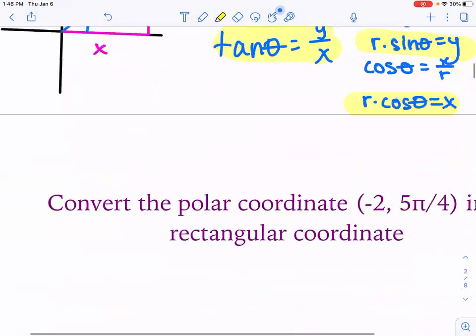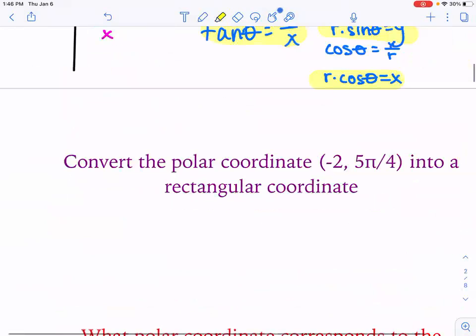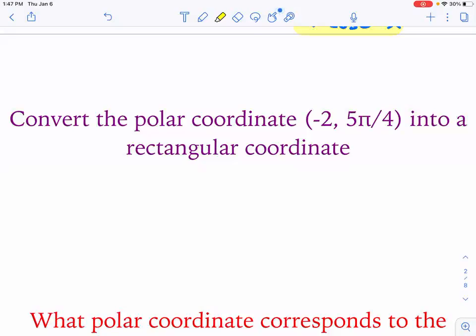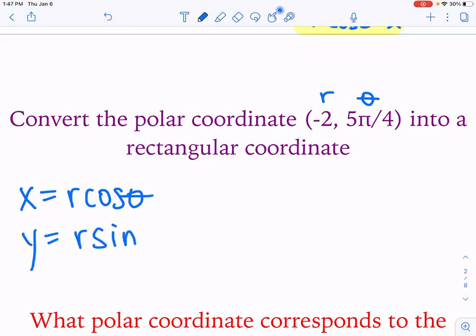write down that we have the polar coordinate -2, 5 pi over 4. We just wrote down that the relationship with anything polar to rectangular, x is r cosine theta and y is r sine theta.